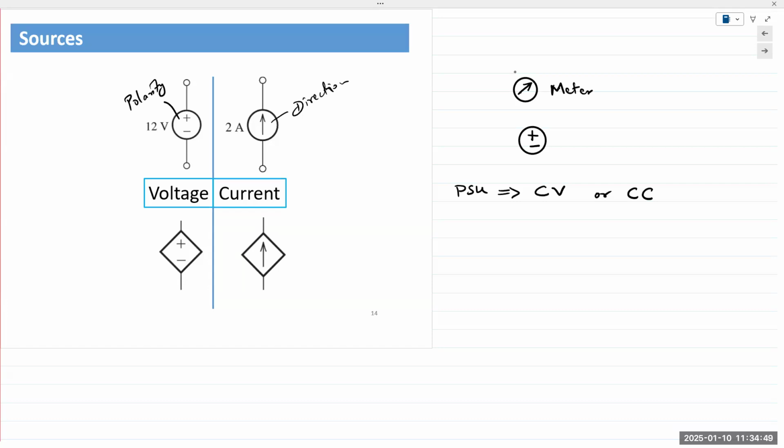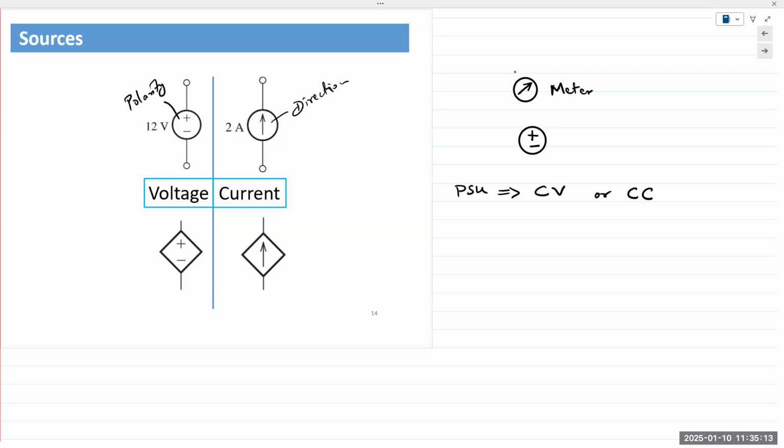If you change the load resistor to 10 ohms, what would you get? Supplying 1 amp, but now 10 ohms, 10 volts, right? So it changed the voltage, but it kept the current constant. Hence, the same power supply unit is now functioning as a current source. That's all it means.